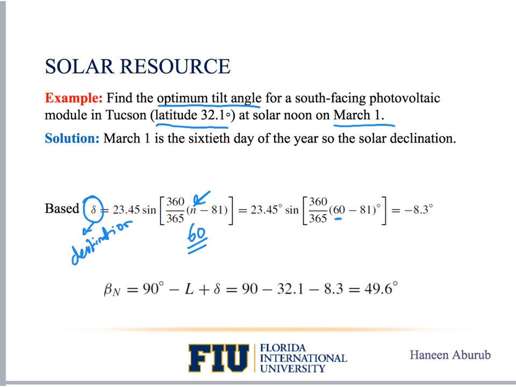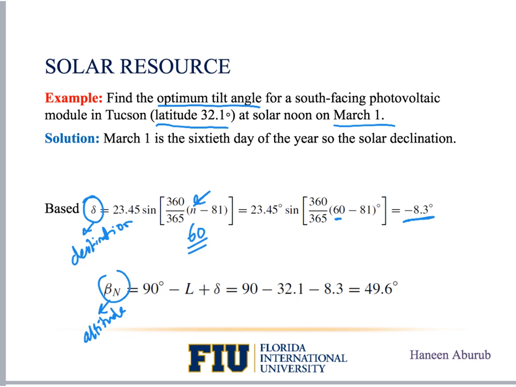That's why we substituted 60 here, and based on that we get that the solar declination is minus 8.3 degrees. Now we use the solar declination and the latitude given in the example in order to calculate beta, which is our altitude.